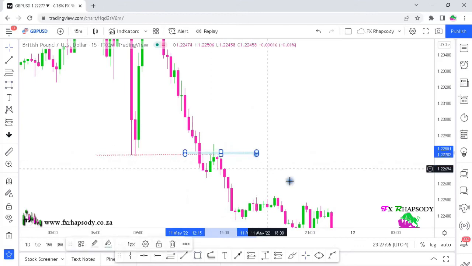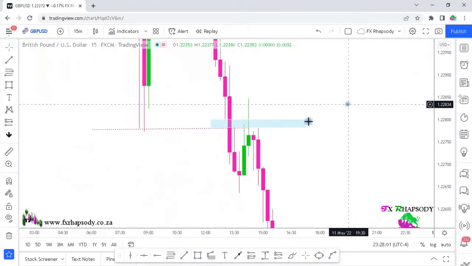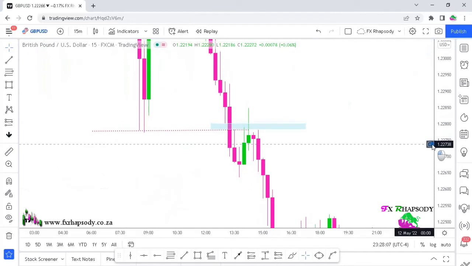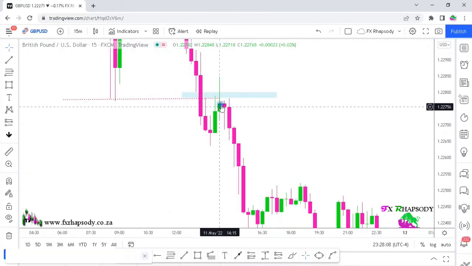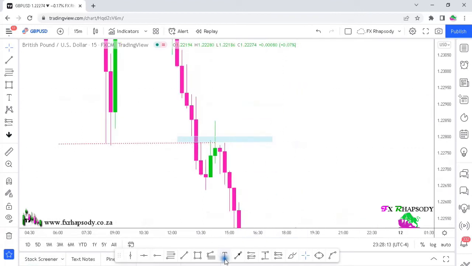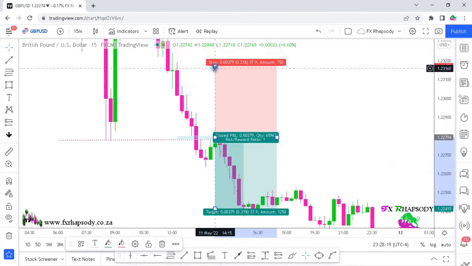This is 15 minutes. I'm just going to expand it a little bit because you can see there is a gap in here. Okay, that's a gap in there. So price going down, going up into that gap area. Okay, again, you place your sell once price gets there. You go up.